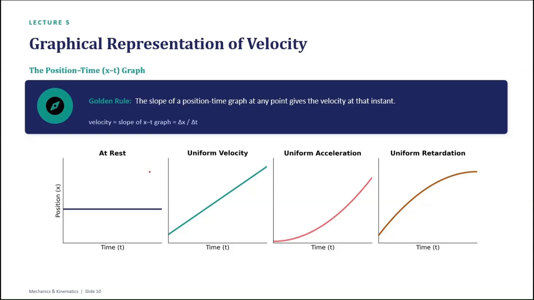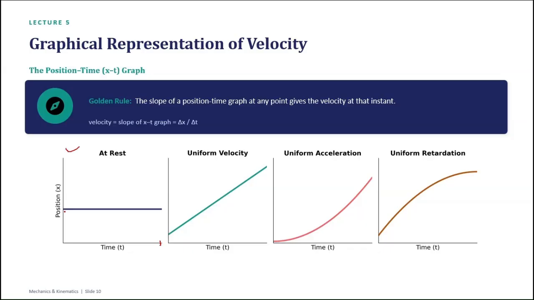So if we look at the first graph, we can see that the time is moving from 0 seconds to, let's say, 10 seconds. In these 10 seconds, the object is not changing its position. There is no change in the vertical direction.